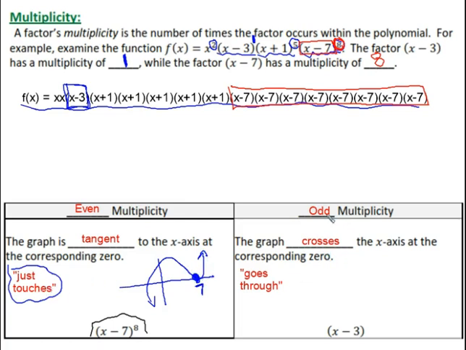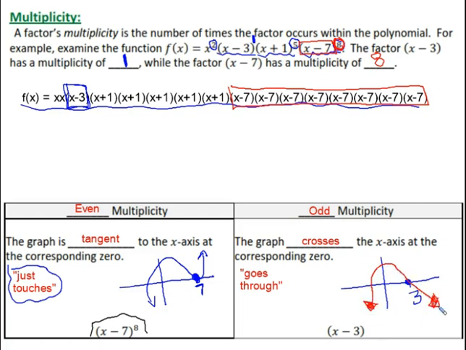But if we take a look at an odd multiplicity, like the x minus 3, notice how it only occurred once. That's an odd multiplicity. In this case, our graph actually crosses the x-axis at that corresponding 0. Or in other words, it's actually going through it. So if this factor is x minus 3, we know the 0, or x-intercept, is occurring at positive 3. And if the graph has to actually cross or go through the x-axis, maybe in this case, our polynomial function is going to look something like this.